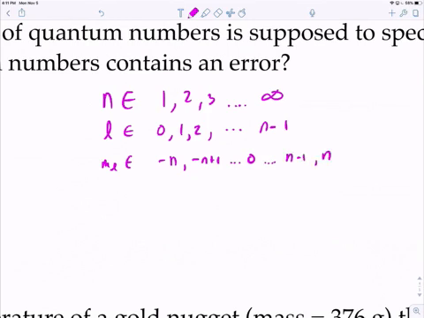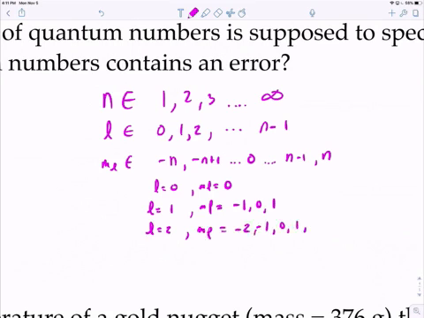Which means if L equals 0, m sub L has to be 0. If L is 1, m sub L can be minus 1, 0, or 1. If L is 2, m sub L can be minus 2, minus 1, 0, 1, 2.